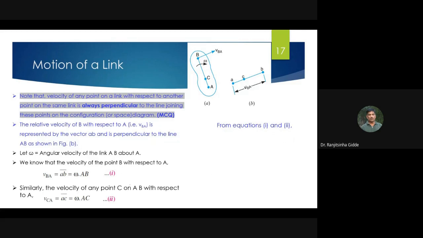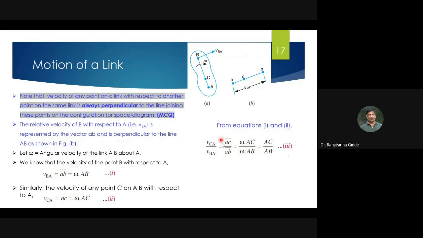Okay. Now from equations 1 and 2, dividing equation 2 by 1, VCA divided by VBA is equal to ac divided by ab.